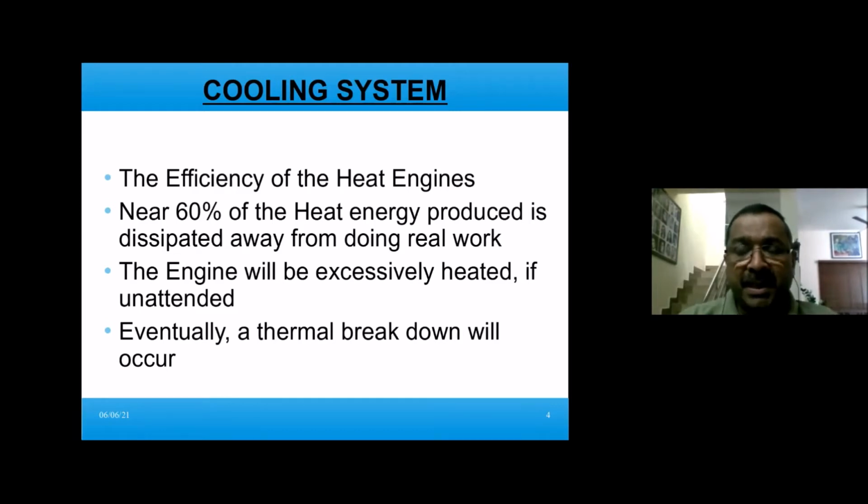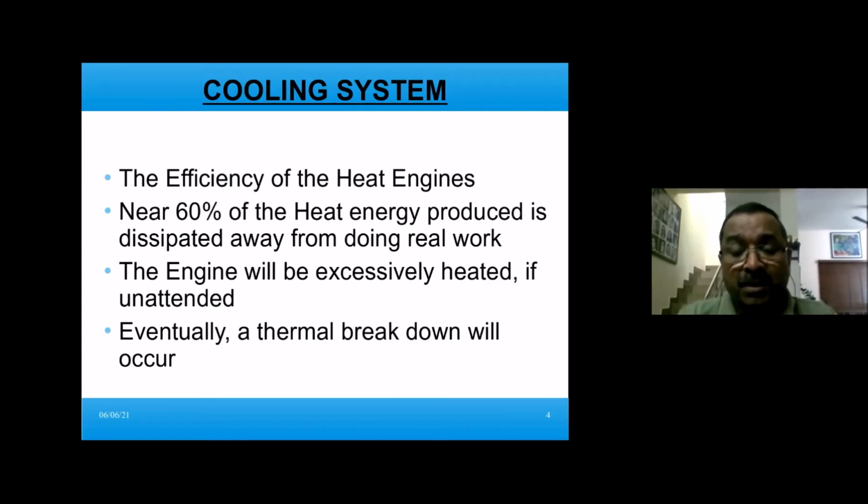So this heat will excessively heat the engine. Initially, it will heat the cylinder. Basically, the cylinder will be excessively heated if we are not attending to it.